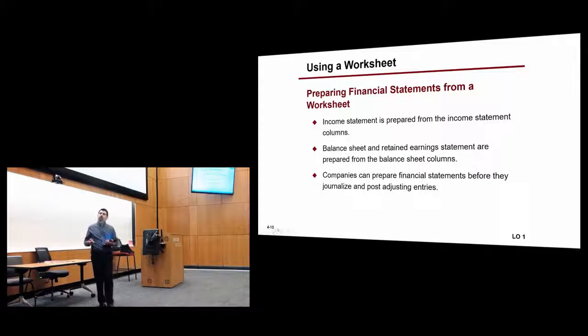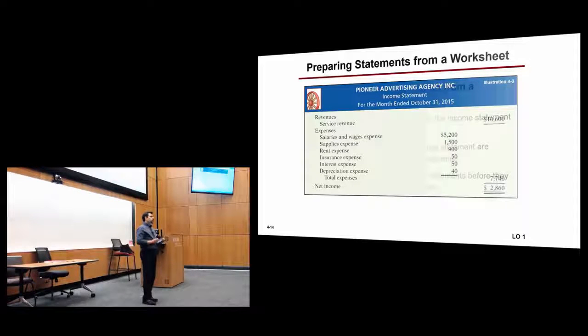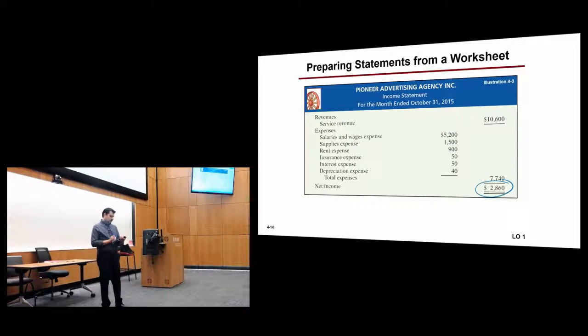For retained earnings, again we have the retained earnings beginning balance. If it were already on the trial balance, it will be there. If it's not, then it means it was zero. Then we know that we have the net income and the dividend amount, so we can calculate retained earnings. As you can see, the net income here has to be the same one that we have on the worksheet.